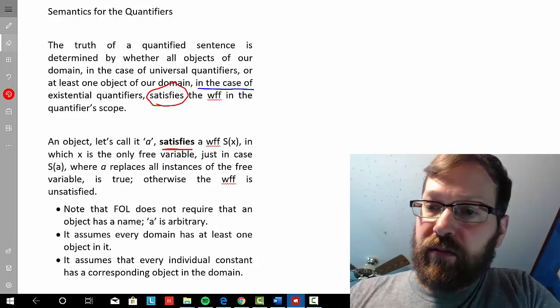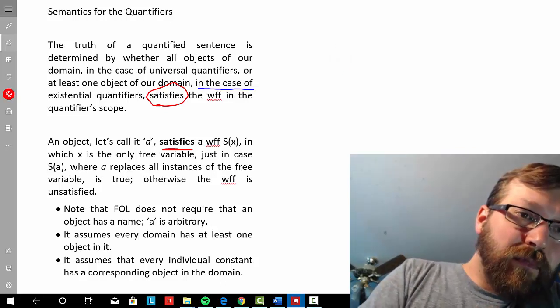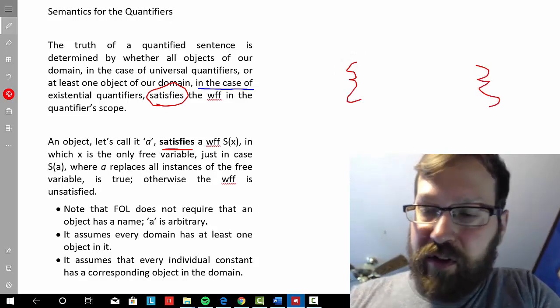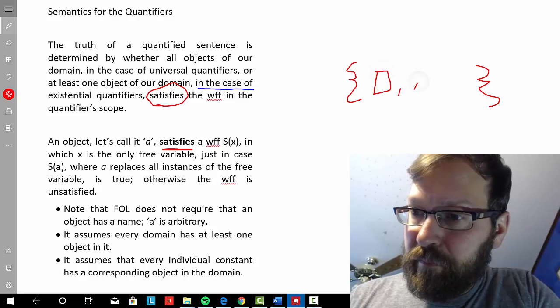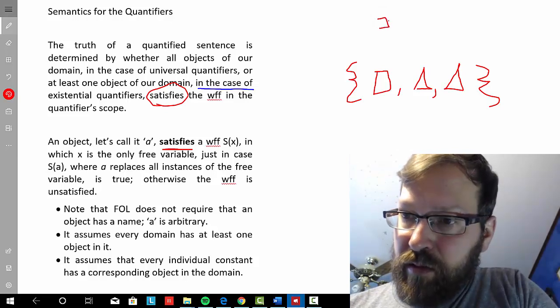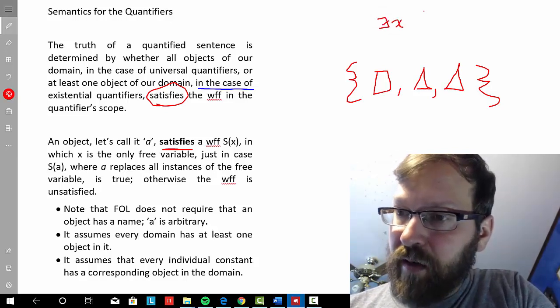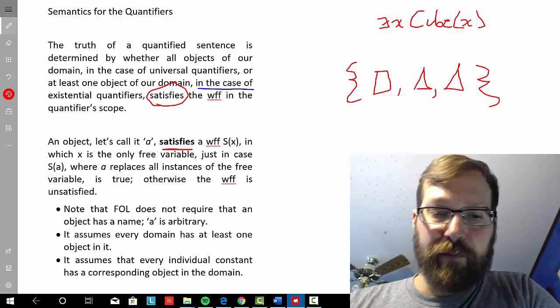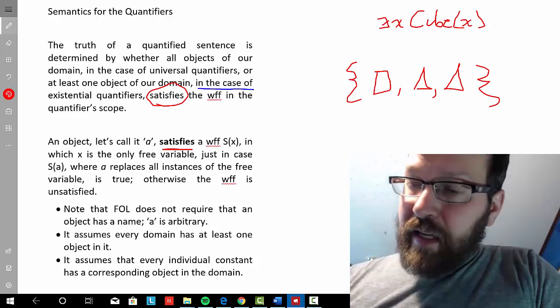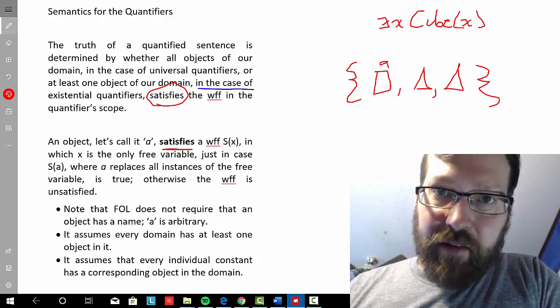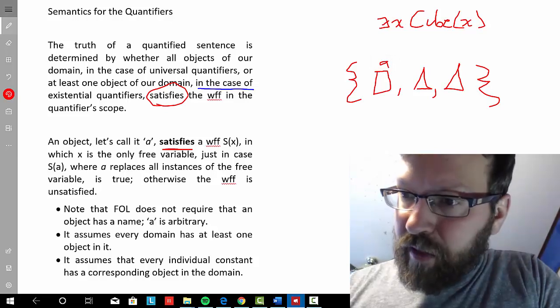So satisfaction, if you'll remember, we'll have a domain of objects that we're discussing. We'll have some sentence that's quantified. So there, that says there exists an x such that x is a cube. We then take, we just give these arbitrary names. They could be a, we could call them n sub 1, n sub 2, n sub 3.